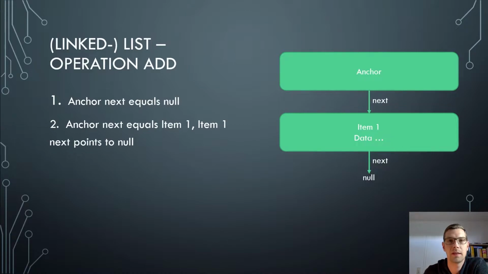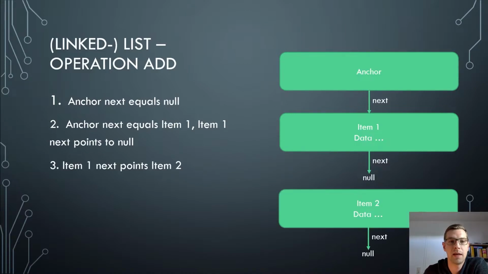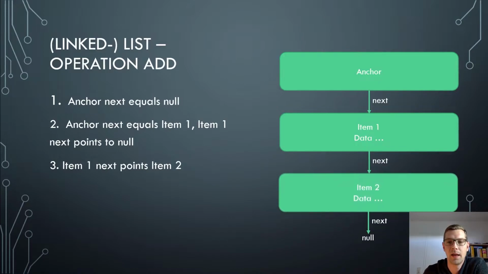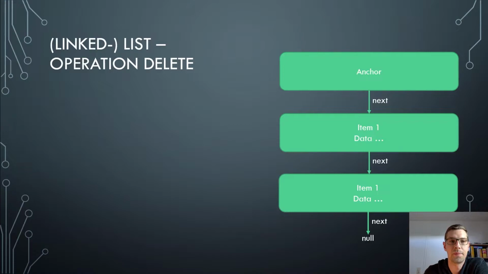So this signals the end of the list. If we want to insert another element, for example item 2 here, then we do that similar to our anchor. We have to set the next pointer of item 1 to our item 2. And as you can see, the next pointer of item 2 points to null here.